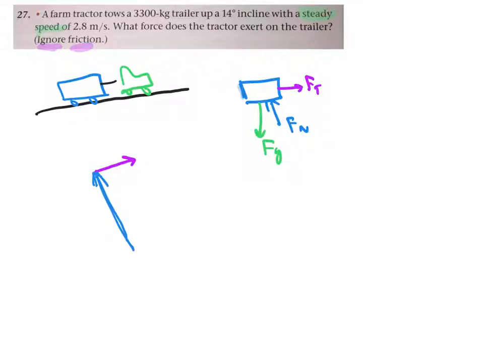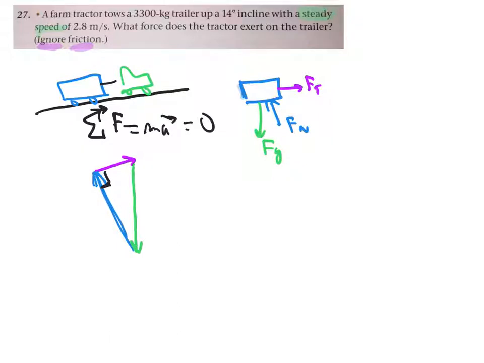When I do that, the final bit has to be the gravitational force like that. And we know that this is a right angle, because the sum of the forces is ma, but a is 0. So the sum of the forces is 0.